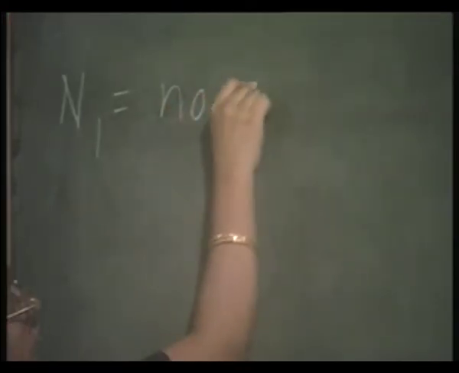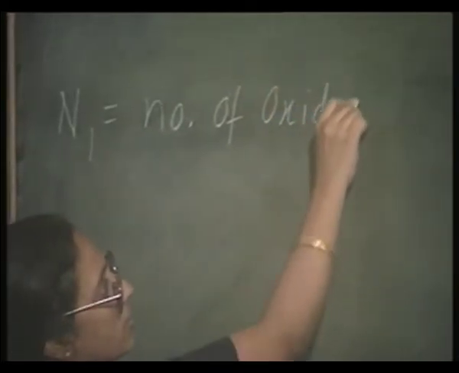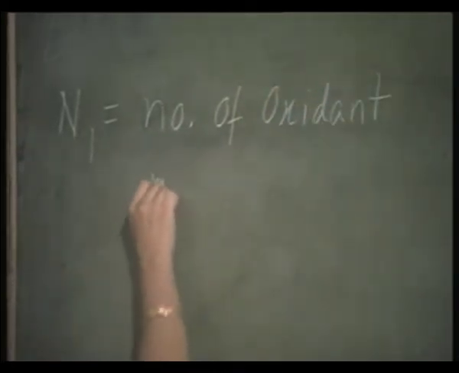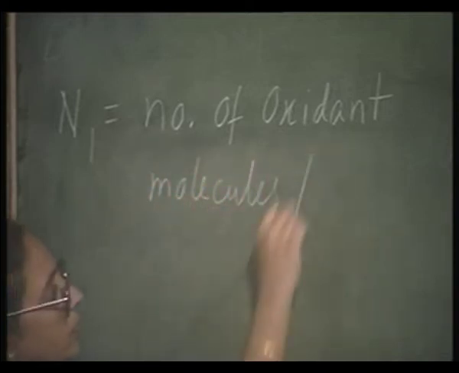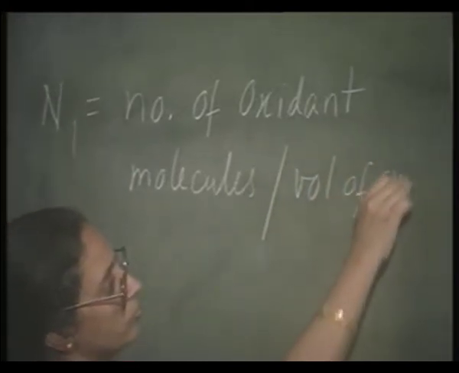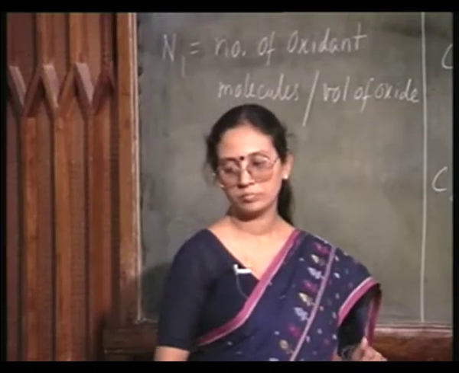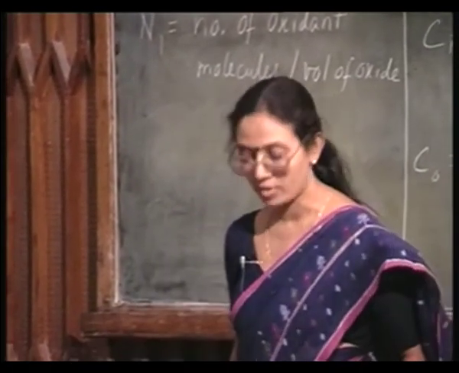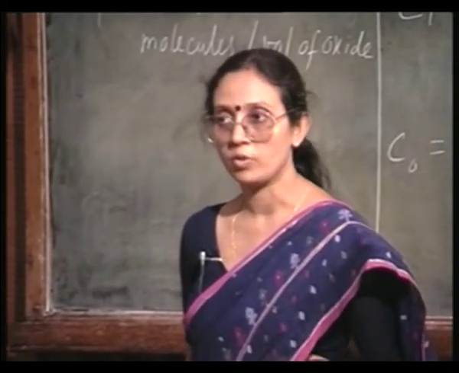That is number of oxidant molecules, it can be either oxygen or water vapor, per unit volume of oxide.